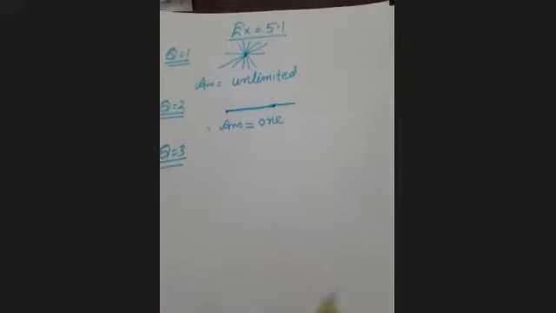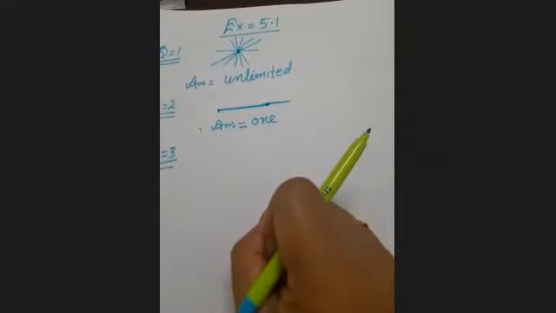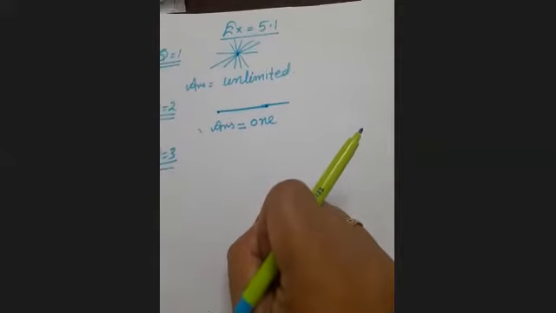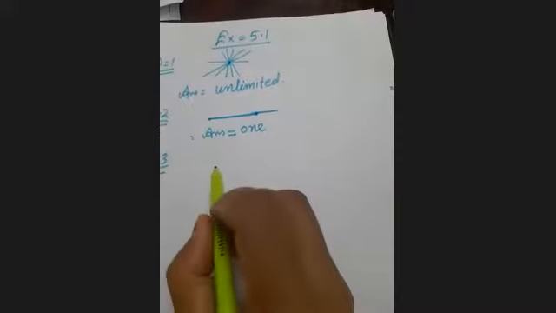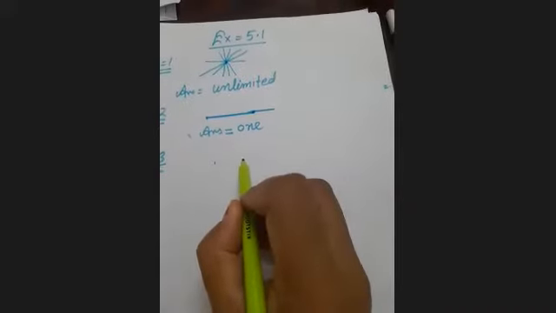How many lines can be drawn through 3 collinear points? As you know, what are collinear points? Points which are in the same line. These are 3 collinear points.